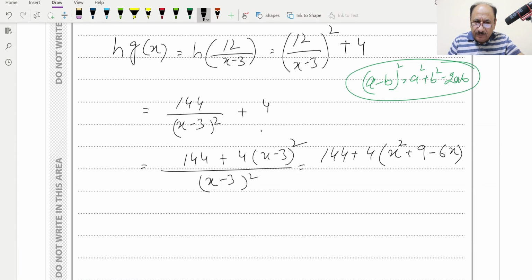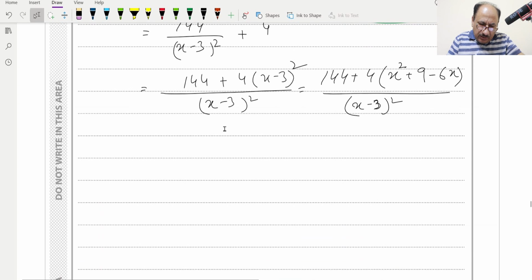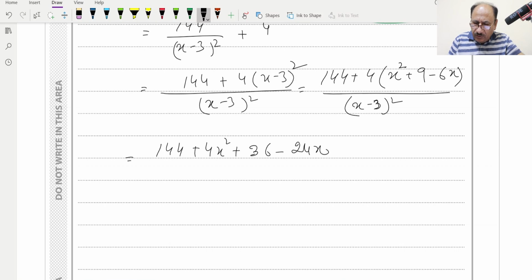So this will be 6x divided by x minus 3 whole squared, and we can rewrite this in this format. 144 and we will be multiplying 4 inside, so plus 4x squared plus 36 minus 4 into 6 will be 24, so 24x, and this will be divided by x minus 3 squared, and further we can write it as 4x squared minus 24x and 36 plus 144.